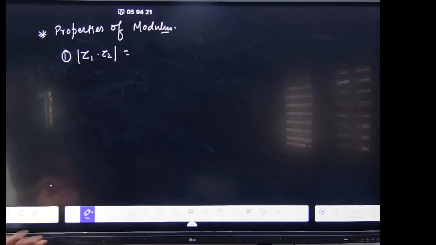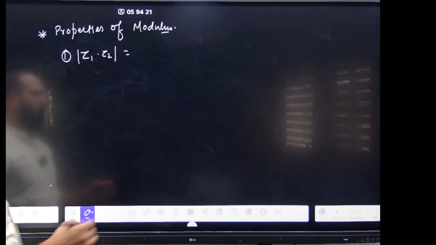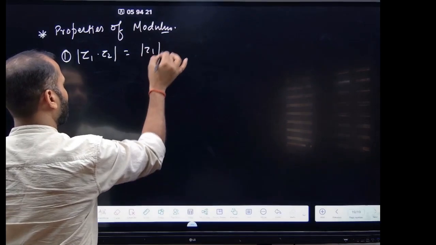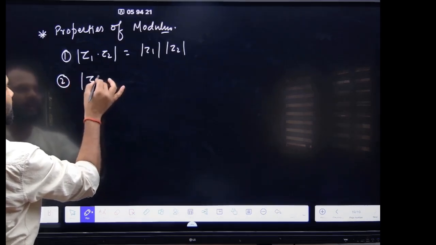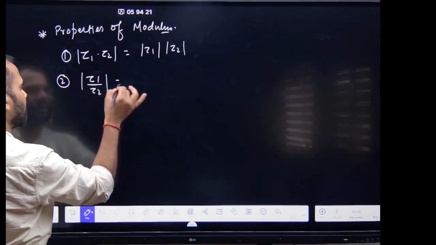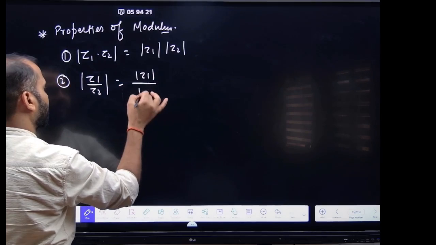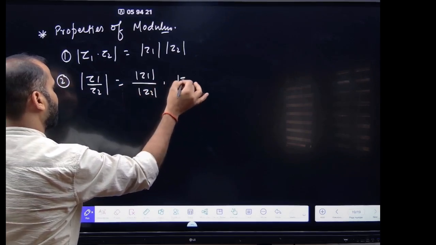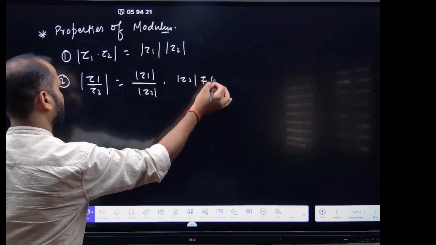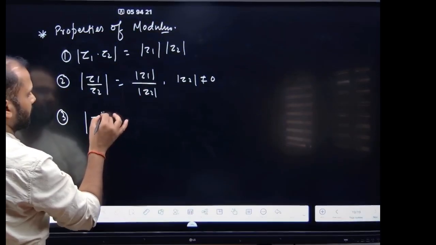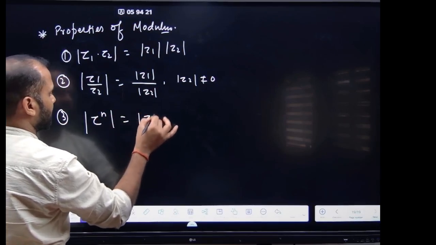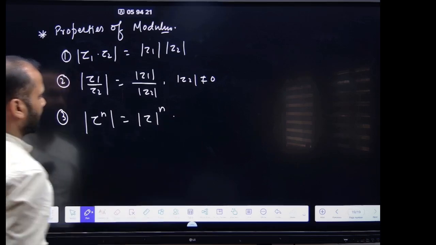So, either first you multiply it and then you calculate the mod, it will be same as mod Z1 mod Z2. Second, Z1 divided by Z2 mod is there, individually you can calculate, provided mod Z2 shouldn't be 0. Third, let it be you have like this, Z to the power n mod, Z to the power n, you can write like this.